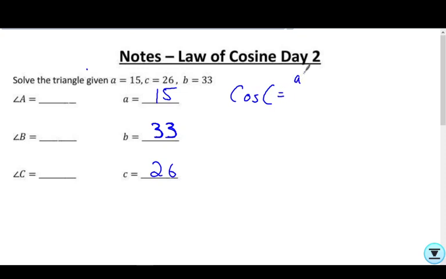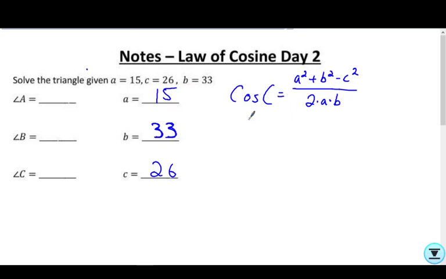For instance, if I want to find angle C, I use this equation. This is that alternate form where I've solved the law of cosines for cosine C. And at this point, it's just plugging it into the calculator.